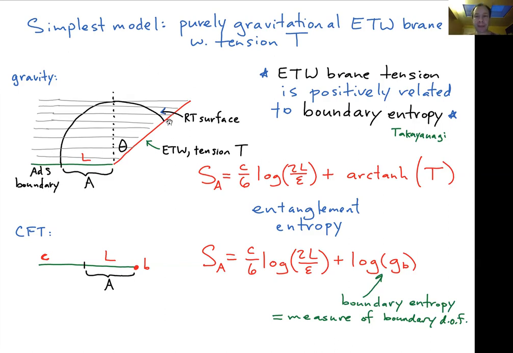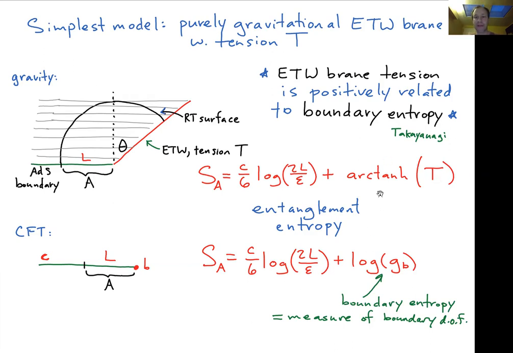Okay. And so if you calculate the area, this part of the surface gives you this term, and this part of the surface in the gravity picture turns out to be positively related to the tension parameter.